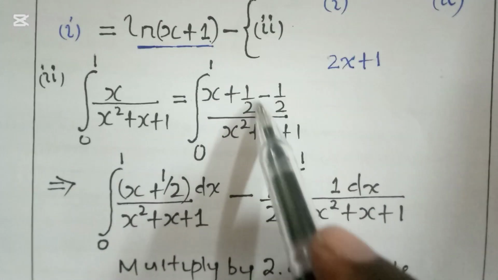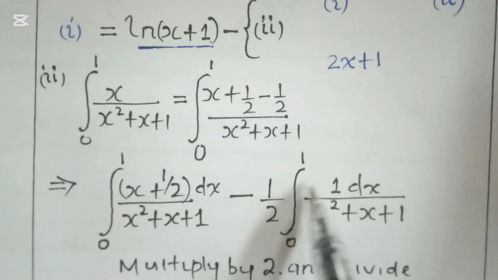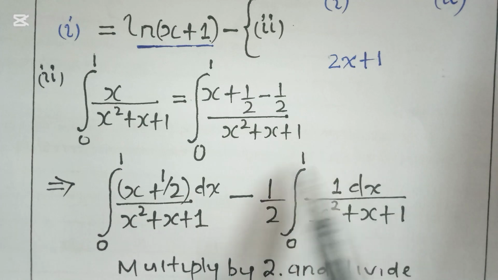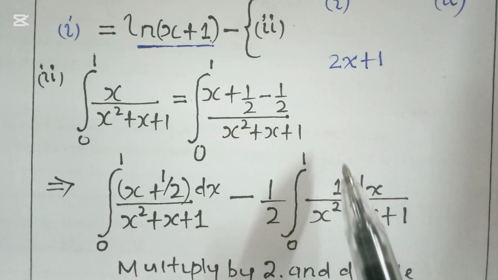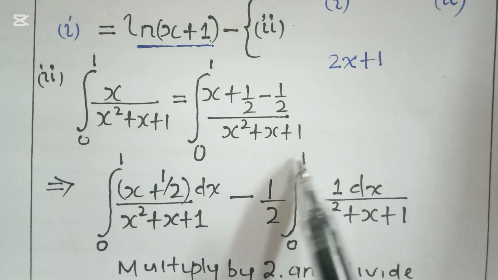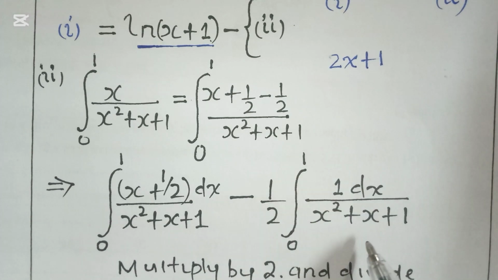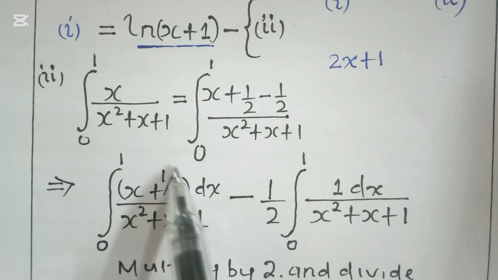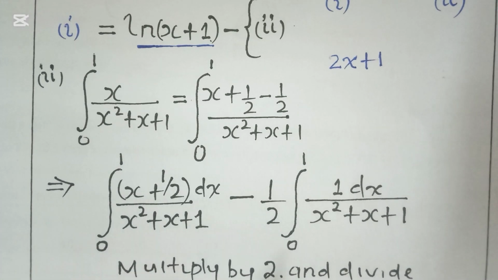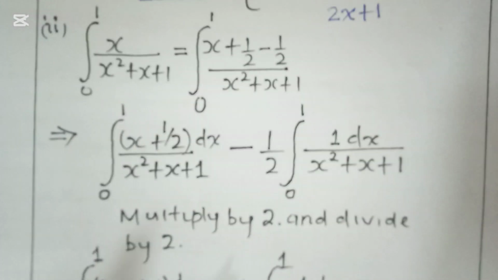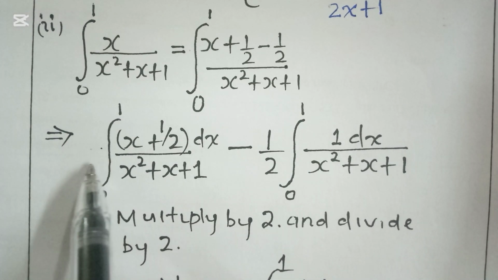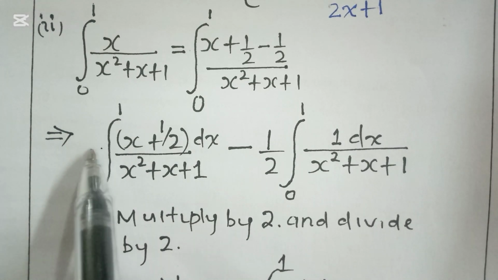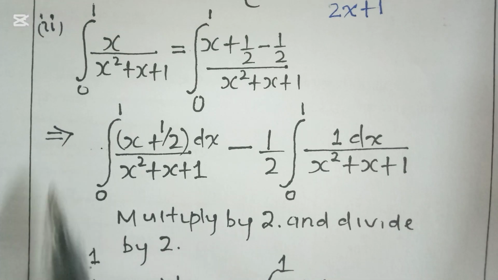All this other negative half goes to this expression, which, as you can see, is what we are now going to have to integrate. Now we come here and multiply by 2 and divide by 2, because every time we change the expression, we need to change it back to what it was.